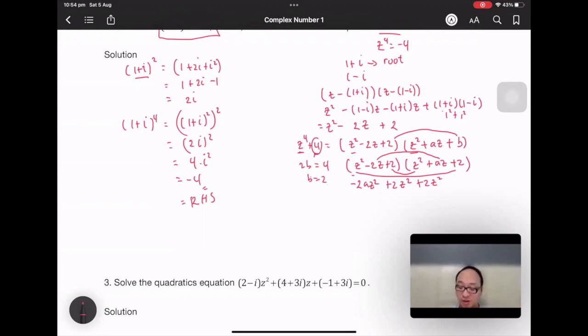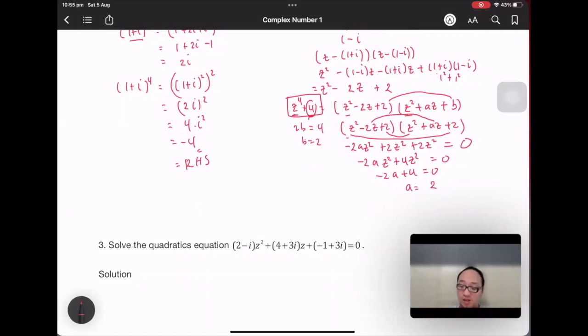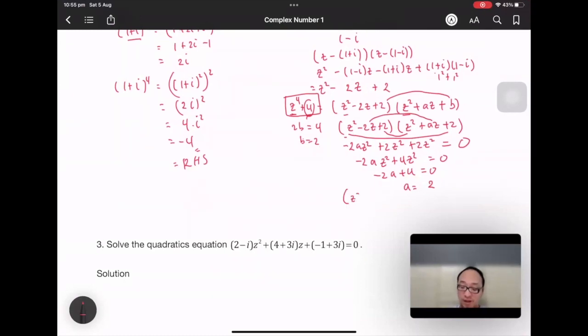So this will equal 0 because we don't have z squared in the equation. So negative 2a z squared plus 4z squared equals 0. So negative 2a plus 4 equals 0. So a equals 2. So that means the factors are z squared minus 2z plus 2 and z squared plus 2z plus 2.